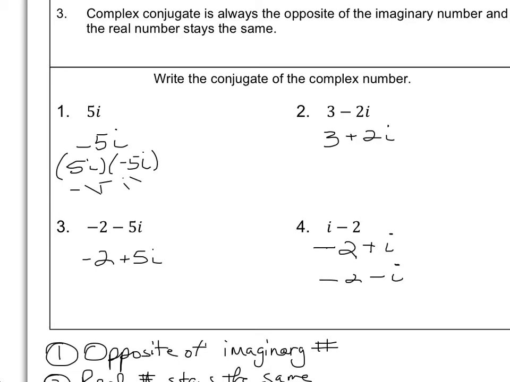And remember, i squared is negative 1. So now I'm going to change this negative 25 to positive 25. And you'll notice your i's are eliminated. So the complex conjugate is going to be able to eliminate our i value in the denominator, as you're going to see coming up.